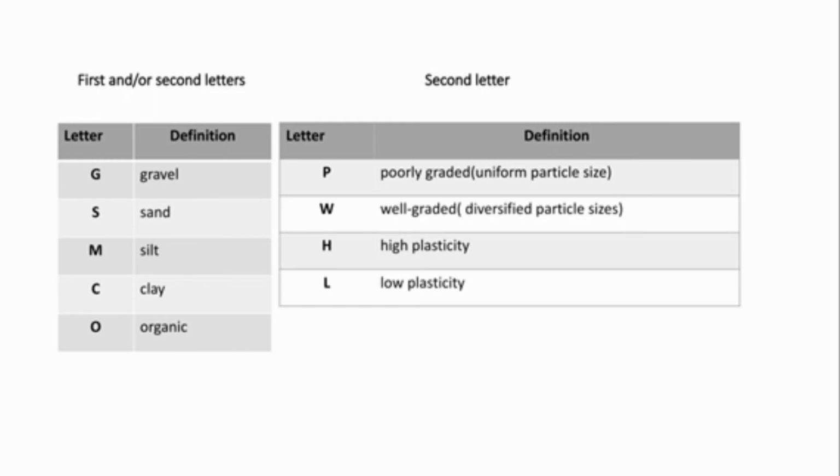The first letter: G means gravel, S means sand, M means silt, C means clay, and O means organic. The second letter: P is poorly graded, W is well graded, H is high plasticity, and L is low plasticity.